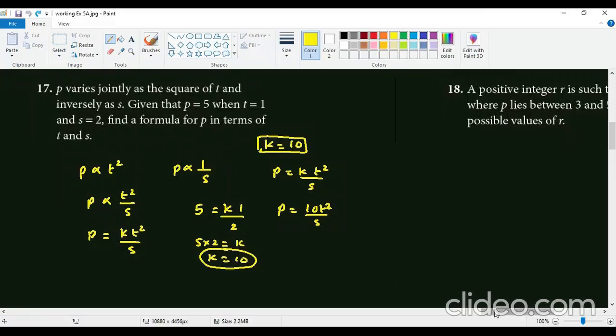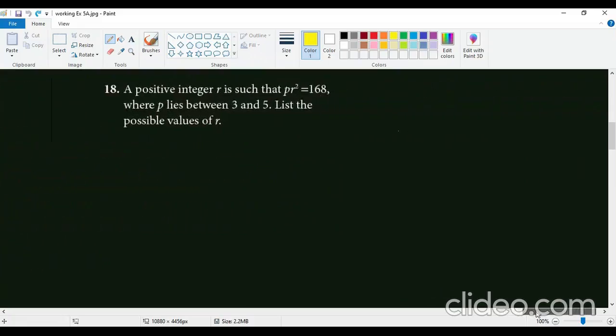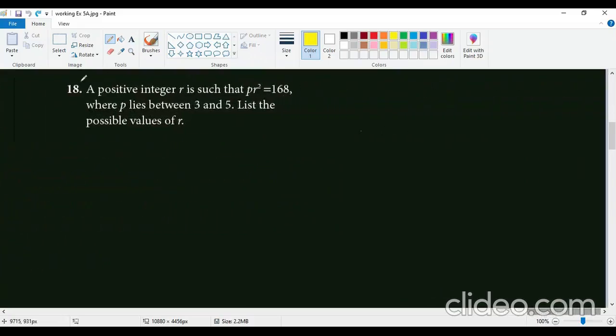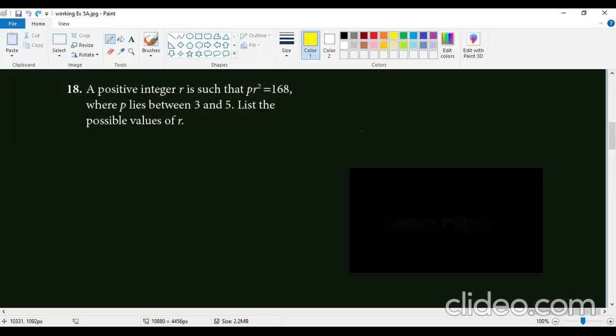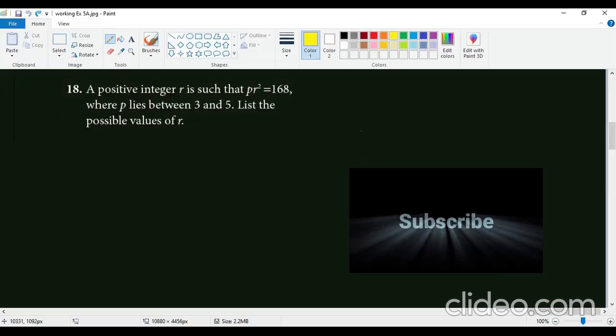Moving on to question number 18, which says a positive integer r is such that p r square equals 168, where p lies between 3 and 5. We need to find the value of r to make p lie between 3 and 5. Let's see how we do it.